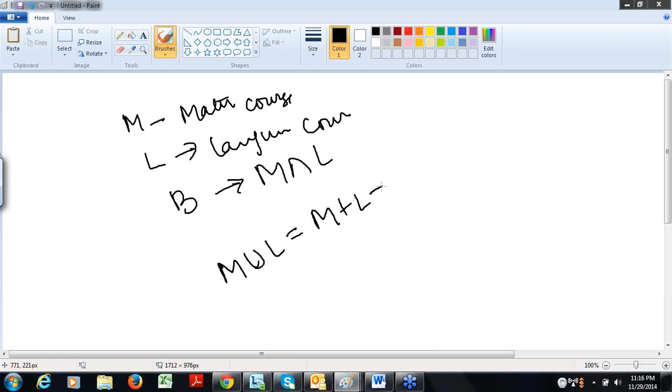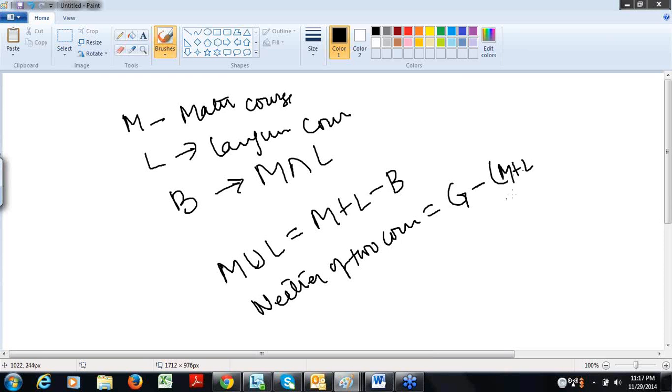M plus L minus B. Now the number of people who are taking neither of the two courses will be total minus (M plus L minus B), which is equal to G minus M minus L plus B.